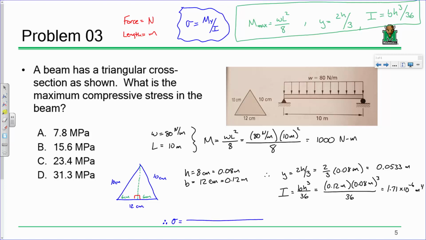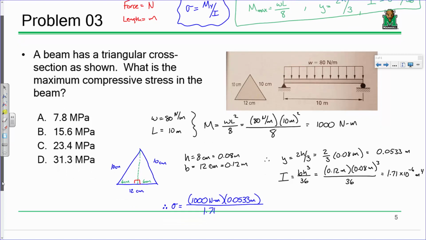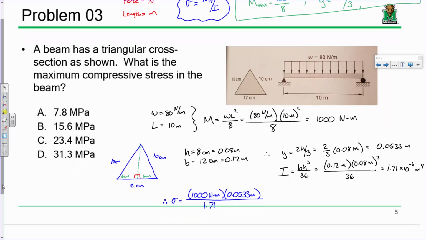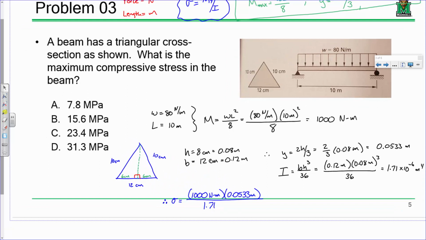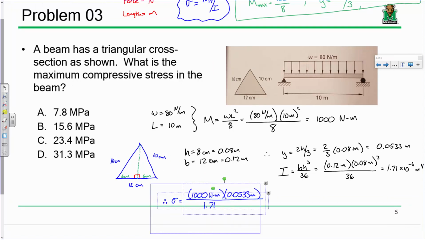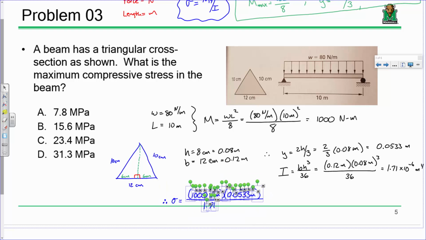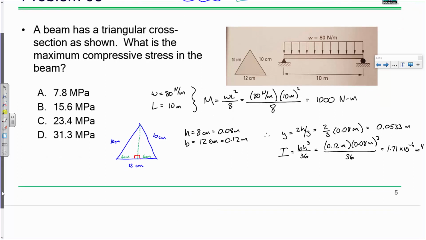Sigma equals, we have 1,000 newton meters. We got 0.0533 meters, and we got 1.71. Here, I'm going to scroll down a bit because that's being, whoa. Come on. Oh, for goodness sake. You know what? Let's just rewrite it. All right.